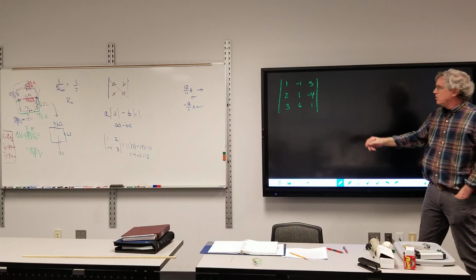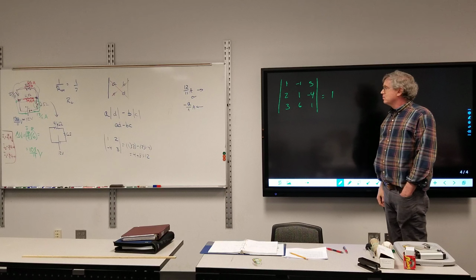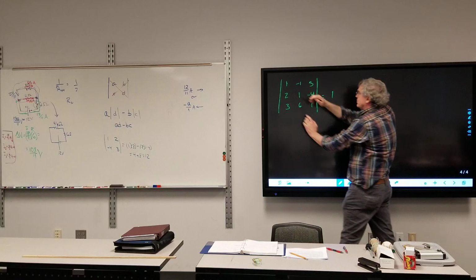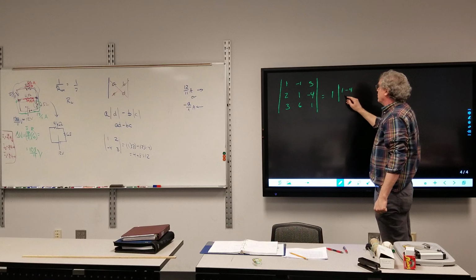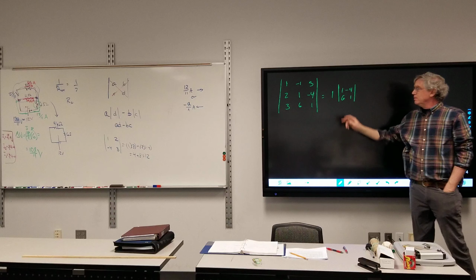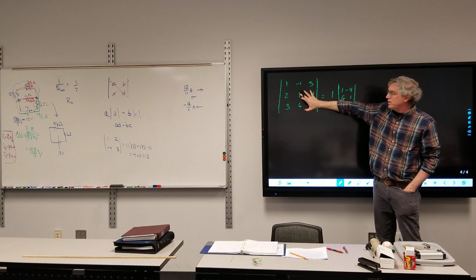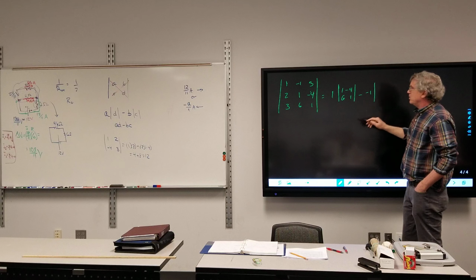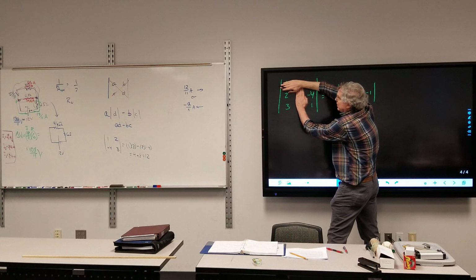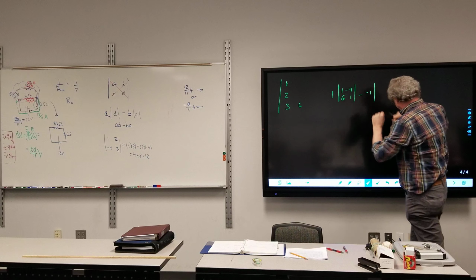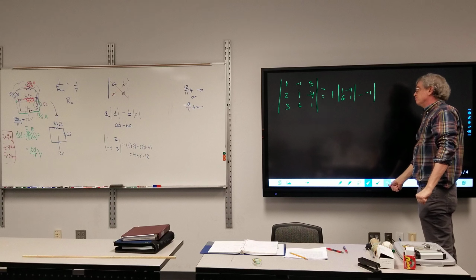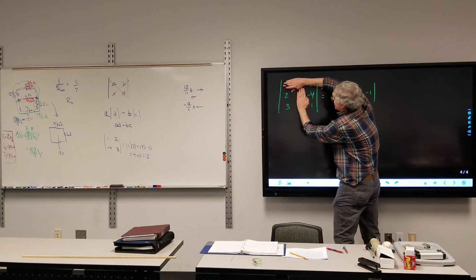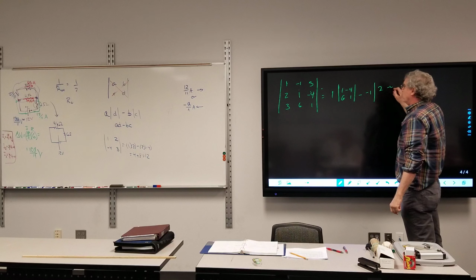I'm going to start in the upper left-hand corner, 1. I cross out that row and column, and what I'm left with is 1, negative 4, 6, 1. So I'm going to do 1 times the determinant of this. Minus negative 1 times the determinant. If I cross out that row and column, I'm left with 2, negative 4, 3, 1.